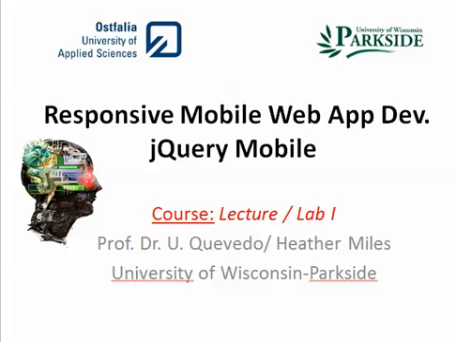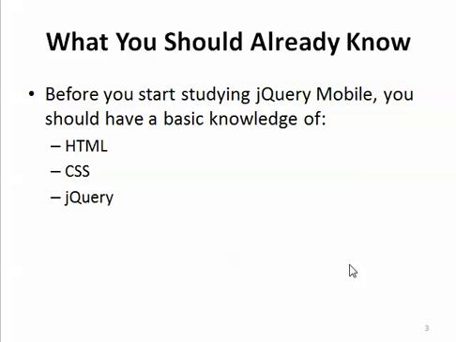Now you will see that there are things that will be very similar to what we did when we were studying jQuery. Like for example, in jQuery there was a slide similar to this that said what you should already know. On that one it says HTML, CSS, and JavaScript.